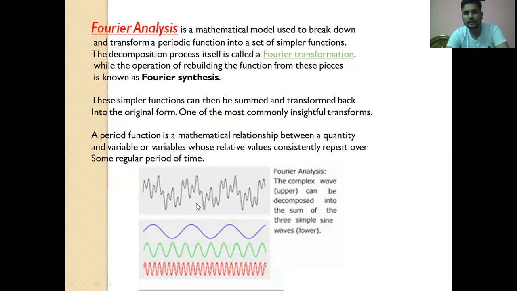This wave is broken down into three components, that is Fourier transformation. The first one is blue, the second one is green, the third one is pink. These three are combined together again and form the original wave. That is called Fourier synthesis.